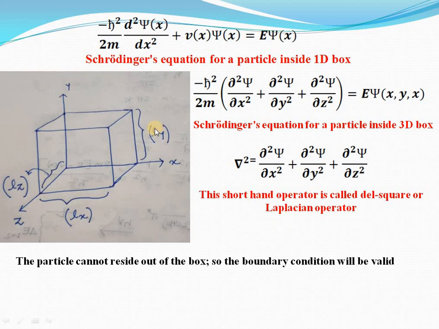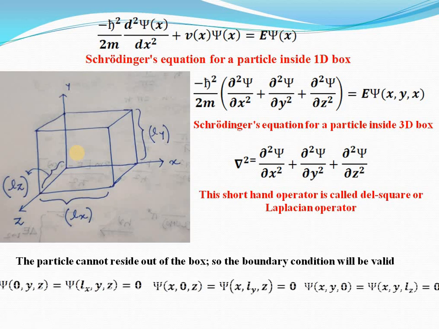Similar to a particle inside a one-dimensional box, a particle in a three-dimensional box also has some boundary conditions, and the boundary conditions are as follows. The wave function psi at x equal to 0 as well as at x equal to Lx will be 0, as there is zero probability of finding the particle outside this box.